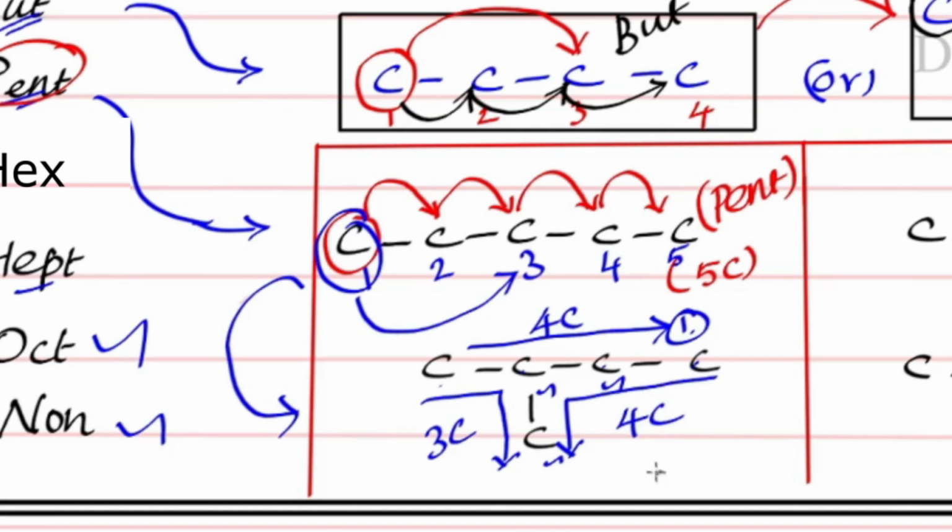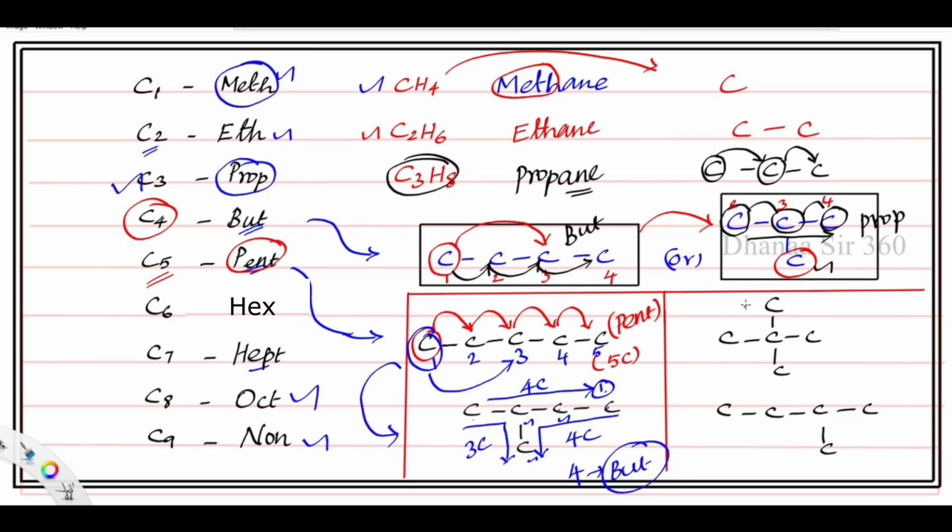So in this case, the maximum number of carbons continuously in the skeleton is 4. So we have but as the root word, although the compound contains 5 carbons. And move to another example.